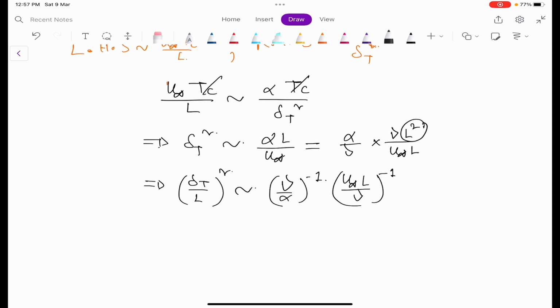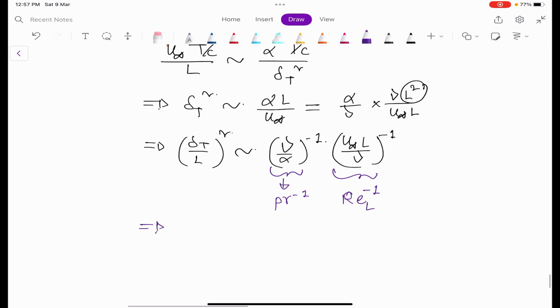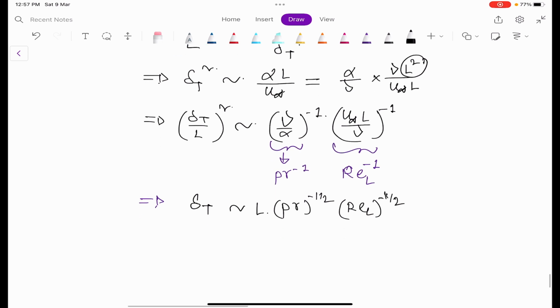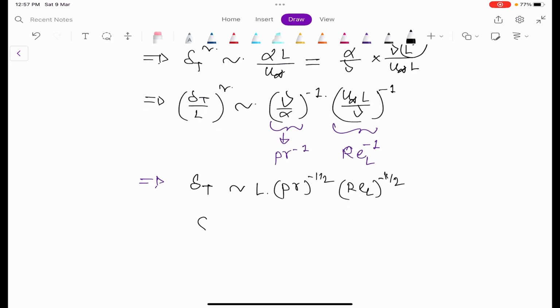These two numbers are the Prandtl number to the power minus 1, and the Reynolds number in terms of L. So delta t has an order of magnitude of Prandtl number to the power minus half, Re L to the power minus half.